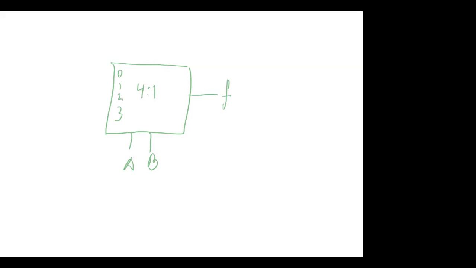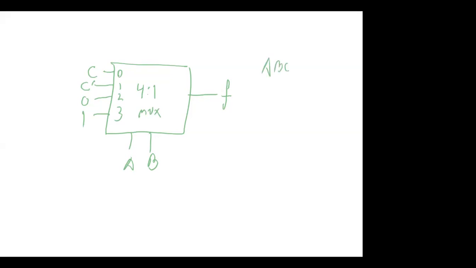And the inputs are going to be C, C prime, 0, and 1. And this is a MUX. Okay, given the following schematic, find f. What will f be? I recommend a truth table.